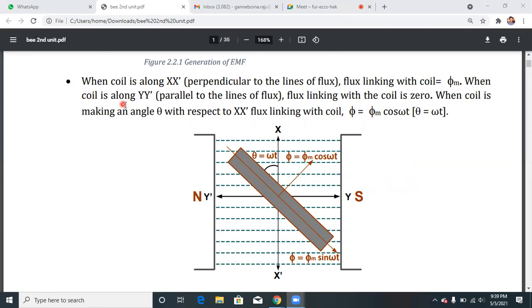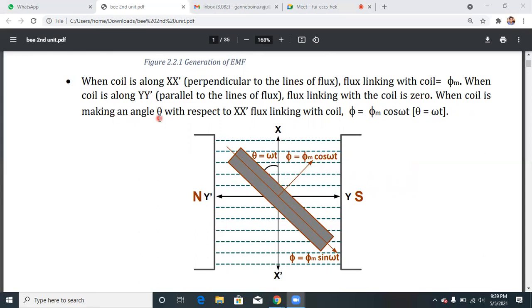When the coil is along y dash, parallel to the magnetic flux, the flux linking with the coil is 0. Understood? If it is placed perpendicular, the flux will be at its maximum value.